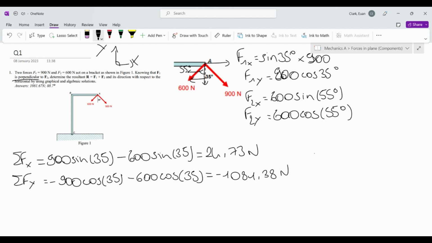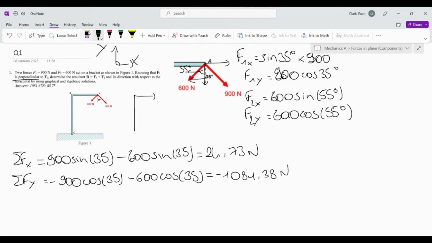Perfect. Now if we make a small drawing up here in the middle, the resultant force is going to go, the two components. We'll want the direction with respect to the horizontal. So we'll have the component of x, which is quite small compared to the component of y.